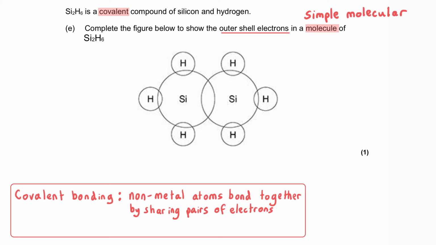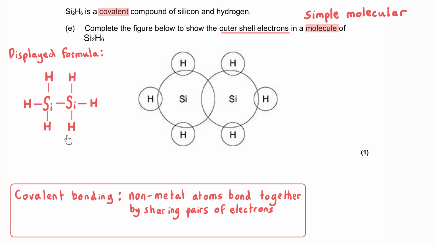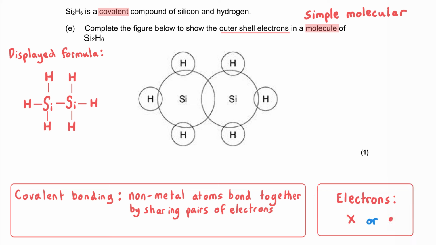And this produces a type of structure referred to as simple molecular, and the particles in this structure are molecules. These can be represented as a displayed formula like I'm showing here, where the lines are representing a covalent bond, or as dot and cross diagrams, which is what we've been requested to show here.